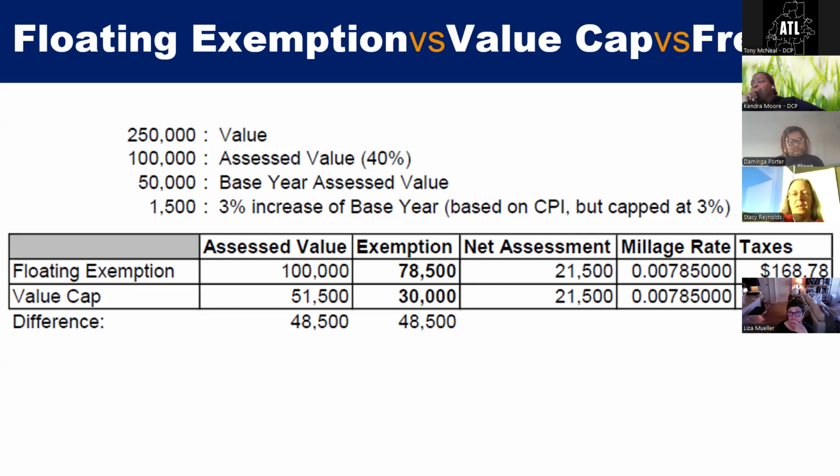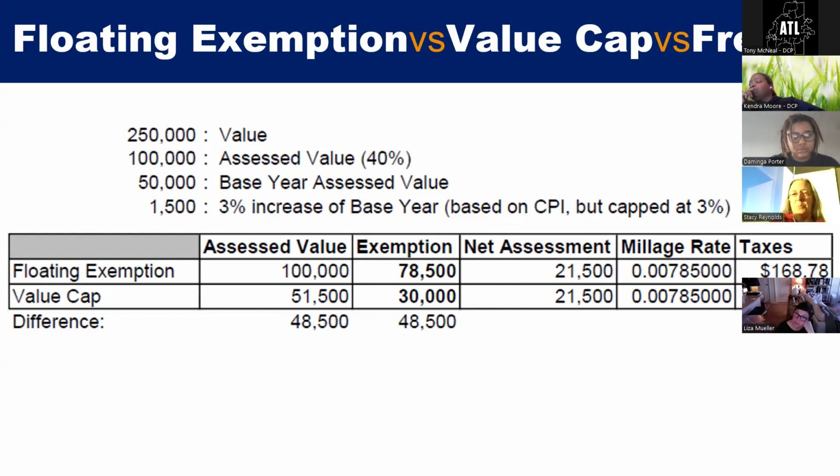From that, they're going to subtract any other exemptions you have to get to what the net assessment is, and then multiply that times the millage rate. The value cap line is what makes sense to me mathematically, because the taxable value is capped at $51,500. You subtract exemptions, and then you've got what you're being taxed on.